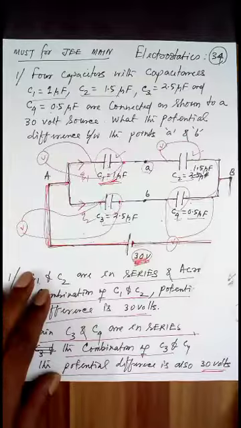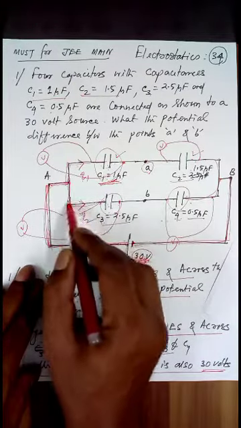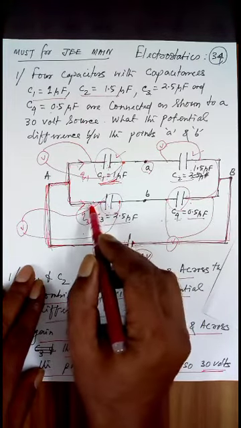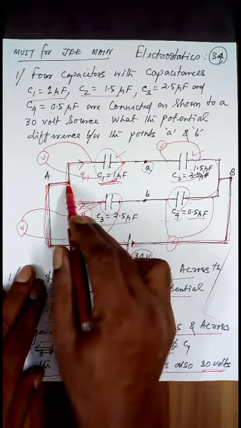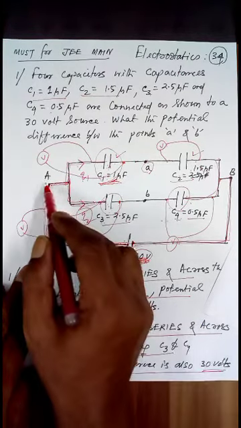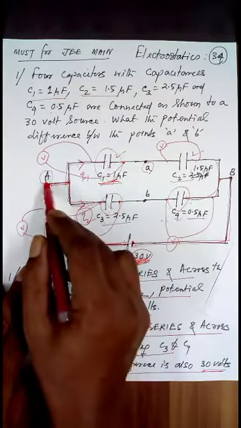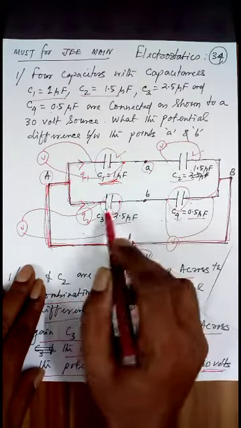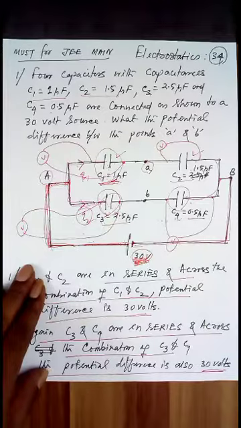Similarly, on this side Q2 is flowing. This point, this point, this point, this point, all these points are the same point A, that is at 30 volt. So the potential at capital A minus the potential at small b is the potential difference across this capacitor.